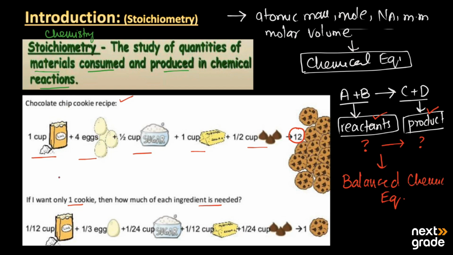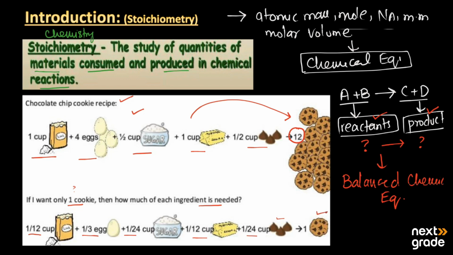I will take one twelfth cup of flour, 1/3 egg, 1/24 of the sugar, 1/12 cup of the butter, and 1/24 cup of the chocolate chips. So I gain one cookie.